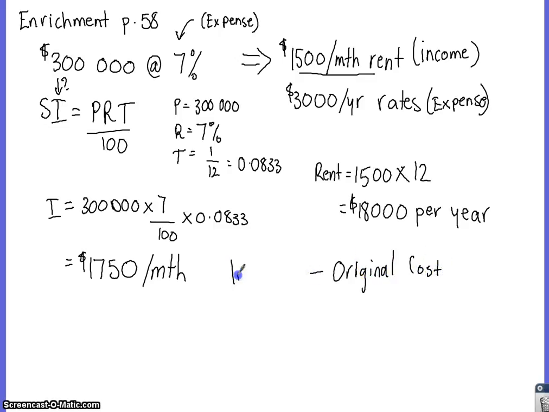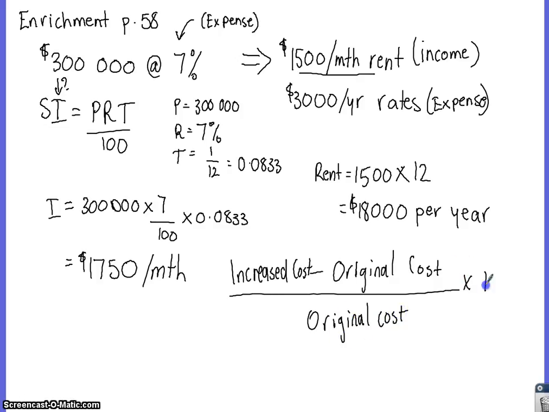If we take the increased cost of the property and divide it by the original cost, times it by 100, we should get a percentage of how much we have to increase it by as a result of the original cost. So we're going back to that percentage stuff that we did some weeks ago. Okay, so really stretching your mind on these questions. That's what enrichment's about.